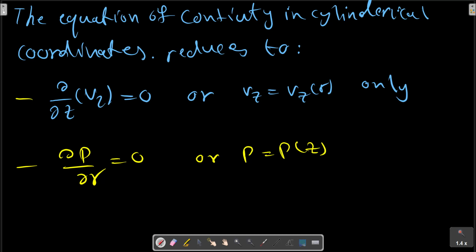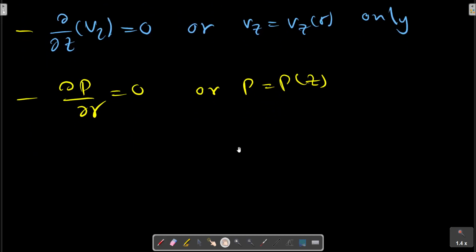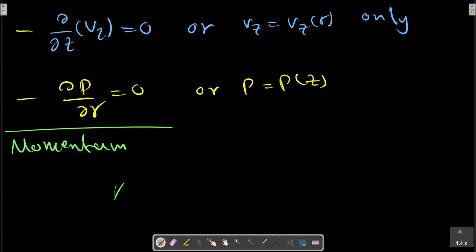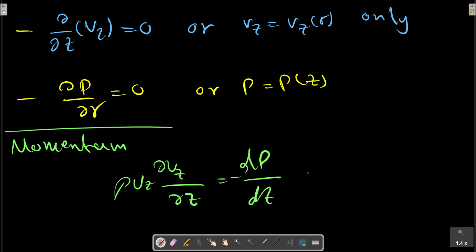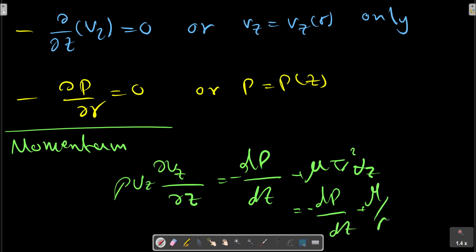The z momentum equation in cylindrical coordinates reduces to, so for momentum, this is the continuity, and for the momentum equation, ρ Vz ... plus ... equals minus ∂P/∂z.